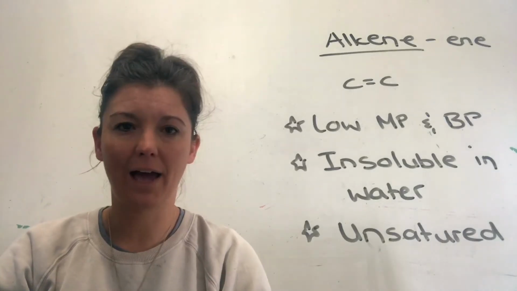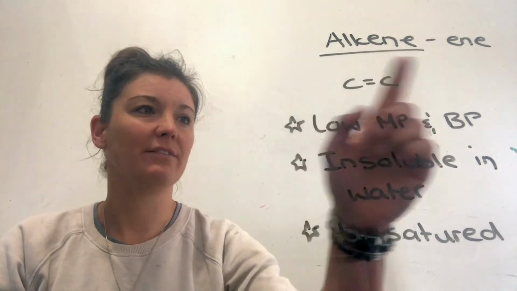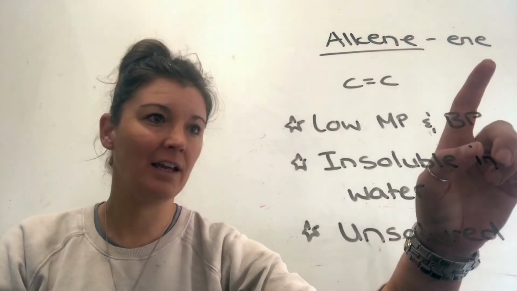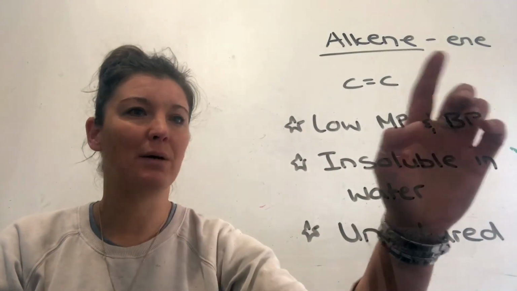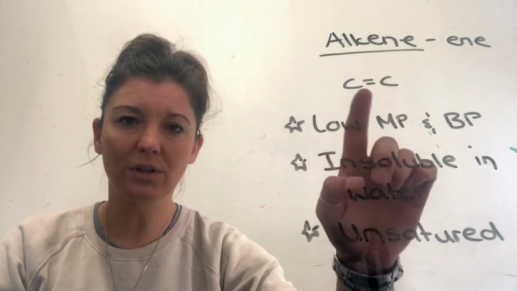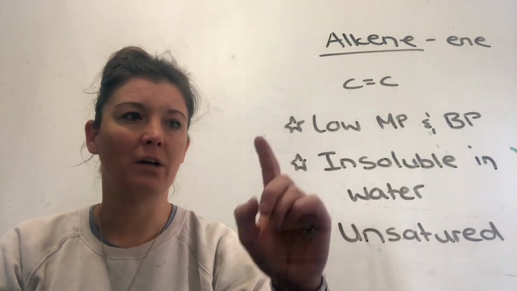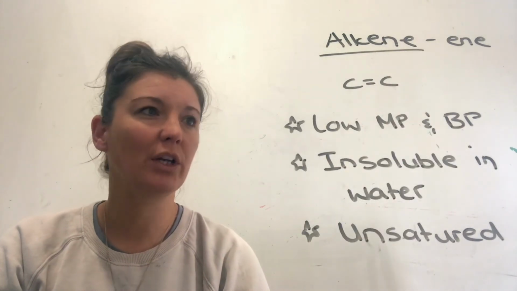So a quick recap, we talked about the family alkenes. They have a surname of "ene" at the end, so the same way that we name alkanes, but with an "ene" at the end. They look like this because they have a double bond, so we can identify them. Remember to write the number of where the double bond is on the molecule as well.